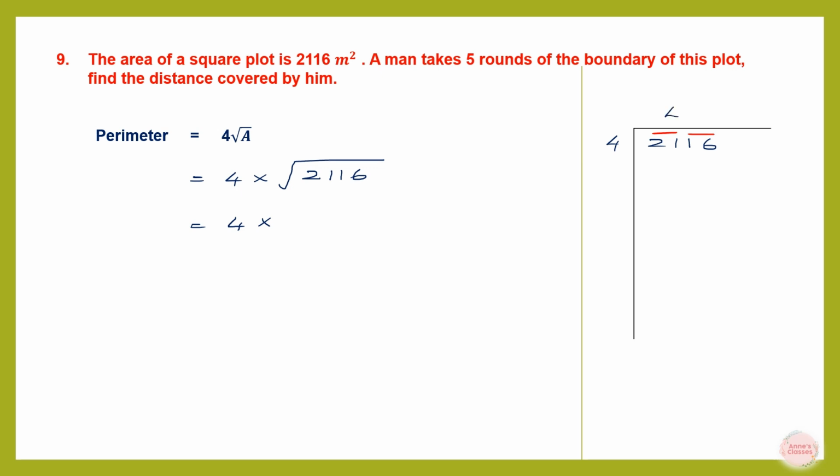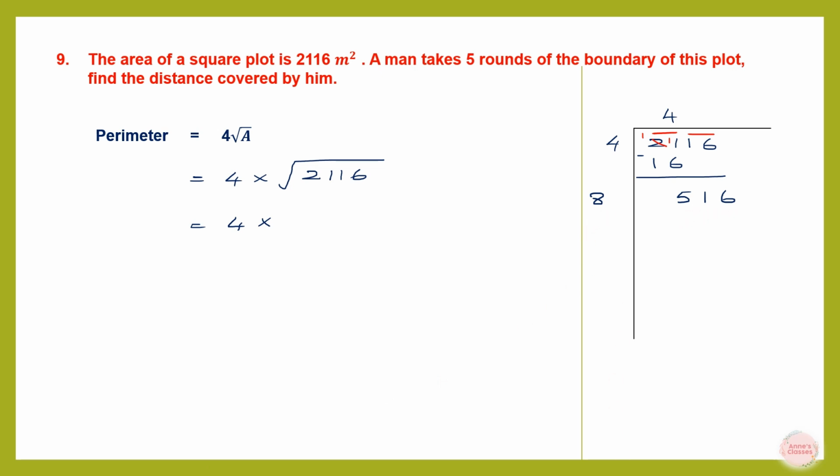So let's write 16 here. 21 minus 16 we have to do. So let's subtract here. This is 1, 11. 11 minus 6 is 5. Now we bring down the next pair, which is 16. Now we have 516. Here we have 4. Let's double the 4. So 4 2s are 8. Now here we need to put a number next to 8 so that when we multiply we get 516.